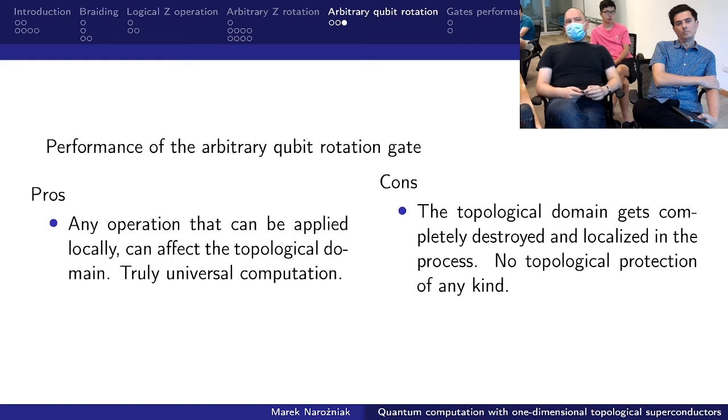However, your topological domain gets practically destroyed because you have to shrink it to the size of 1. So you have no topological protection of any kind. Your gap between the error space and logical space becomes 0.